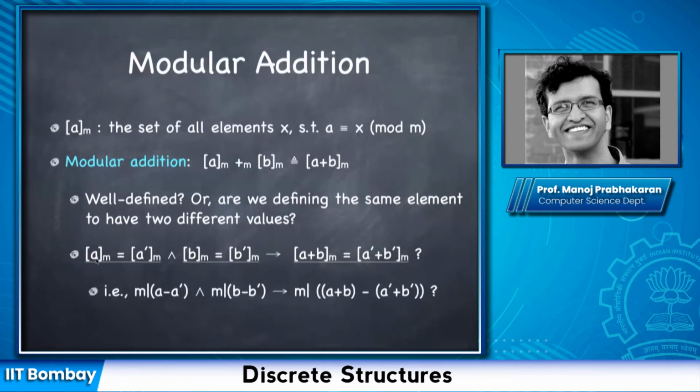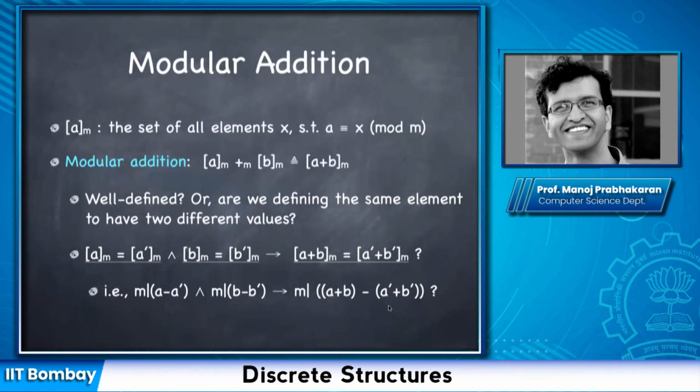So what does it mean these two columns are the same? Means A and A prime have the same remainder. So they are congruent to each other modulo m. So m divides A minus A prime. And similarly, m divides B minus B prime. And what we are interested in, then, the question is, does m divide A plus B minus A prime plus B prime, right?